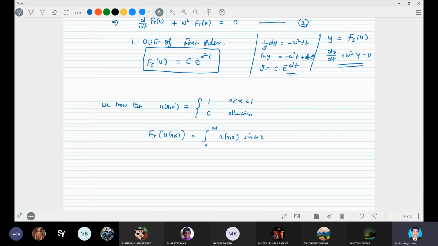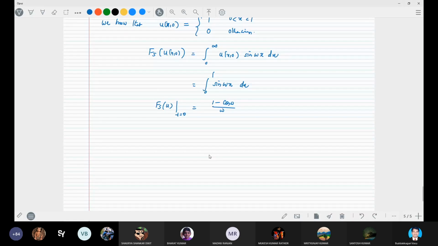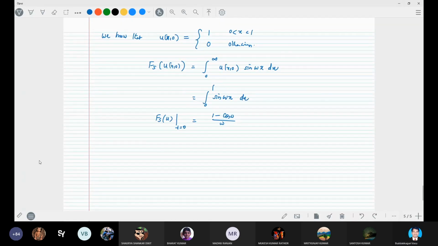That is equal to integral 0 to 1 sin ωx dx. What is the value? It will be (1 minus cos ω) by ω, right? This will be Fs u at t equal to 0, right?